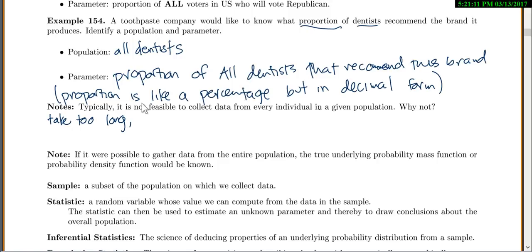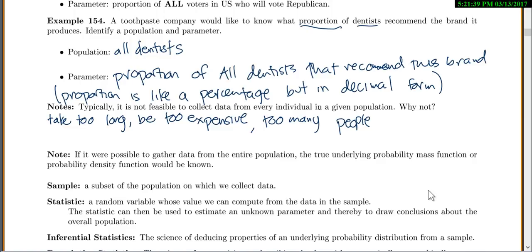It's going to be too expensive because time is money. Okay, there's just too many dentists. And so in most cases, it would be almost impossible to actually get data on the entire population because it's just going to be too big. You're not going to have enough time or money to get data on everyone.